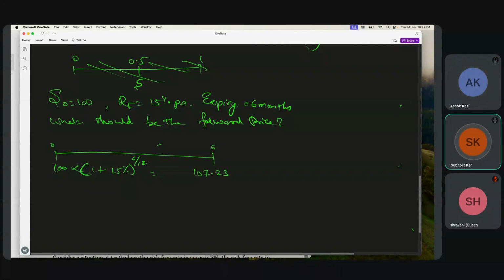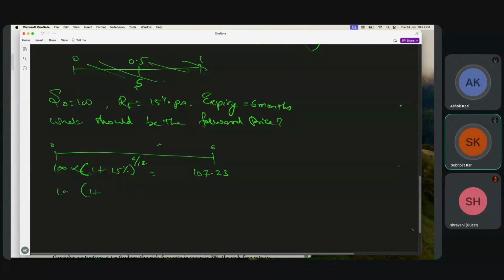We can also do it like 1 plus 7.5 percentage. Then we won't have to raise to anything. No, that will not be the right one.